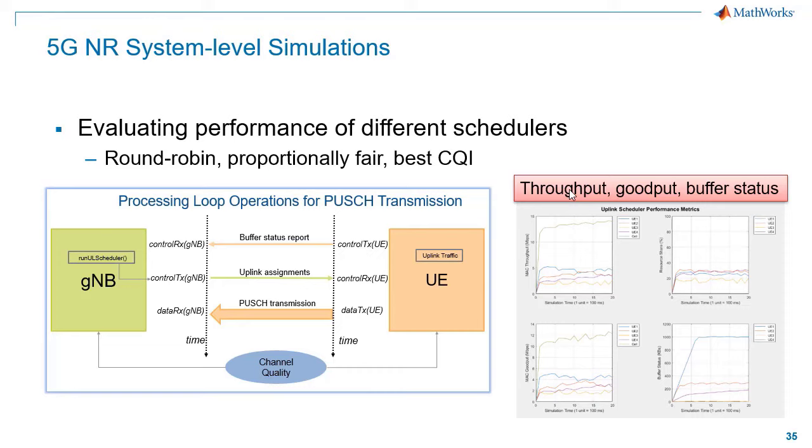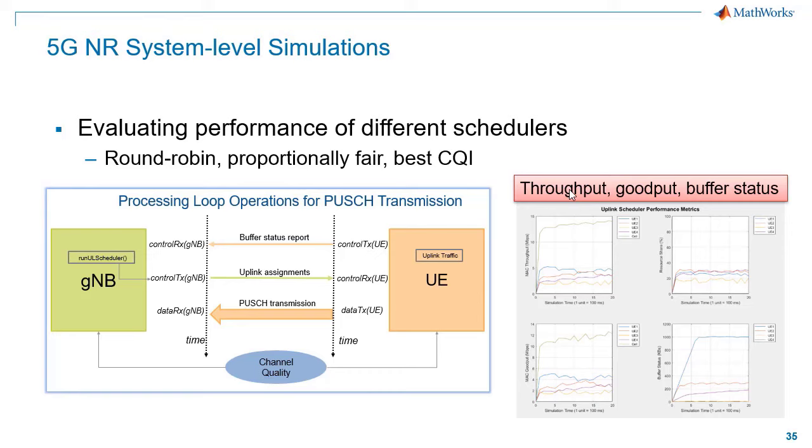Now, schedulers are the rule-based, so you have some rules. In this case, round robin, meaning allocate in a very temporally sequential way, or proportionally fair, or best CQI. CQI stands for channel quality indicator. So you look at the channel, and based on that, you schedule.